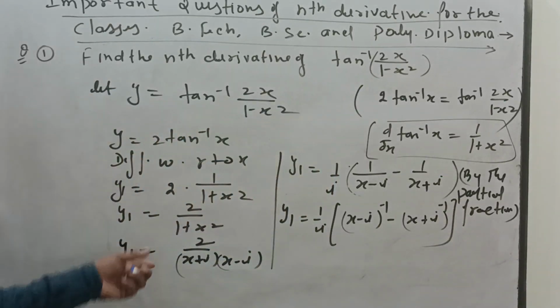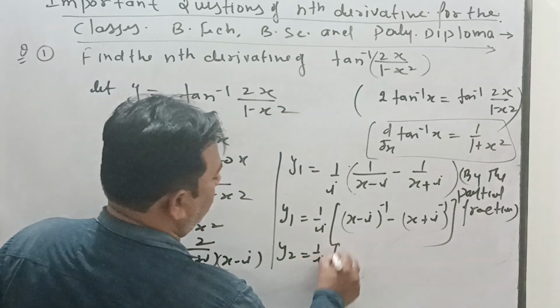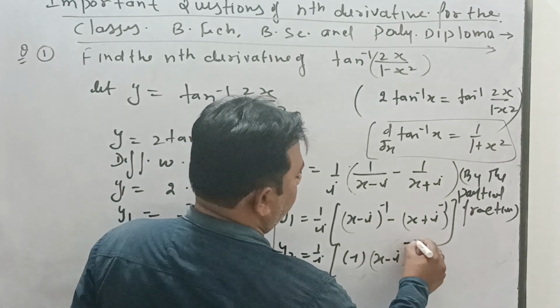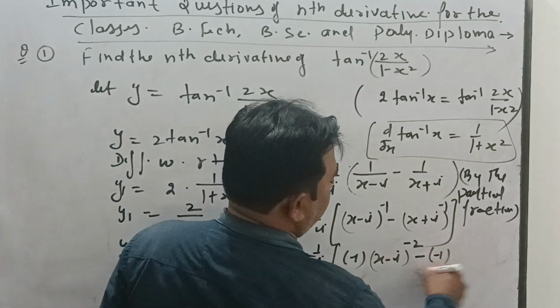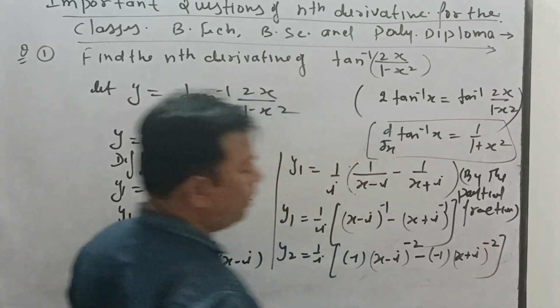Now again differentiating, y2 equals 1 upon i times minus 1 (x minus i) to the power minus 2 minus minus 1 (x plus i) to the power minus 2.